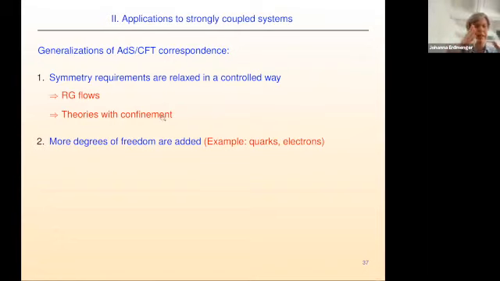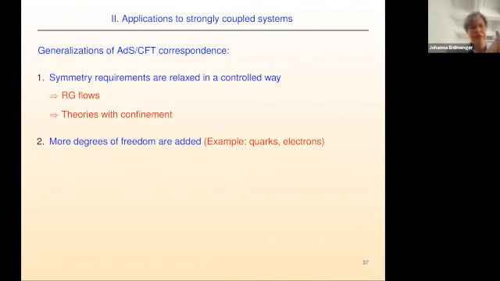Let me explain like this. Yesterday I wrote for you this Lagrangian, the Lagrangian of N=4 super Yang-Mills theory. And this has a gauge field and fermionic fields and scalars. The symmetries absolutely constrain this field content. But the problem is that the fermions in the theory have properties which exclude them from describing quarks.